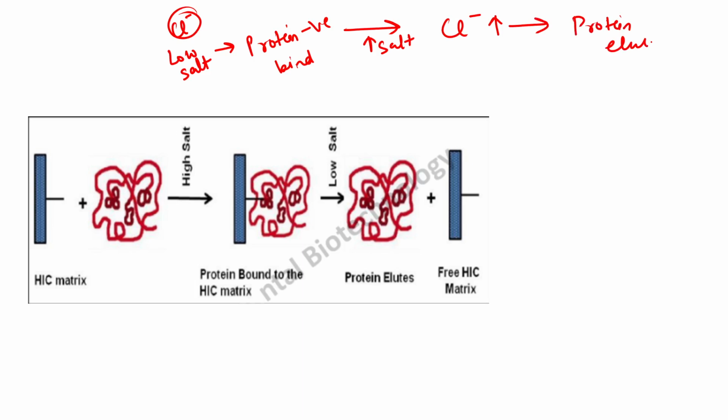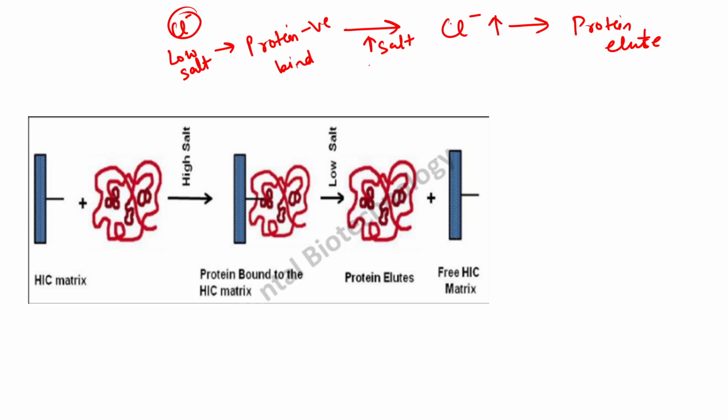So for ion exchange, elution is done by increasing the salt concentration, but there the salt concentration increase is basically affecting the interaction between the charged molecule and the matrix. Another way of elution in anion exchange is changing the pH.